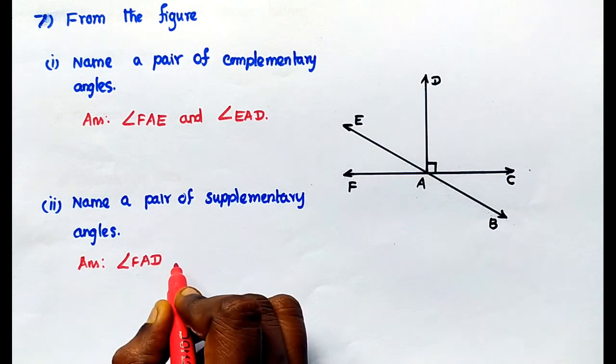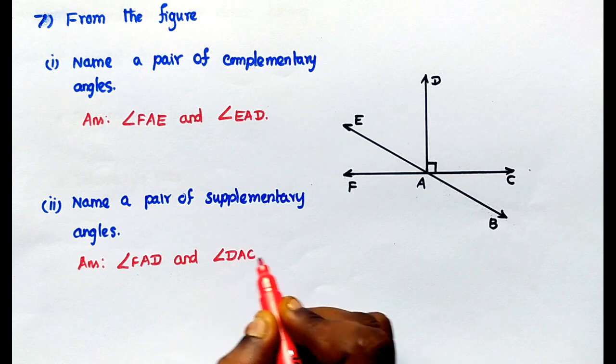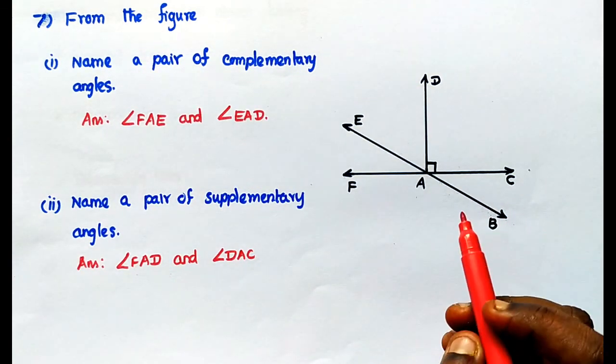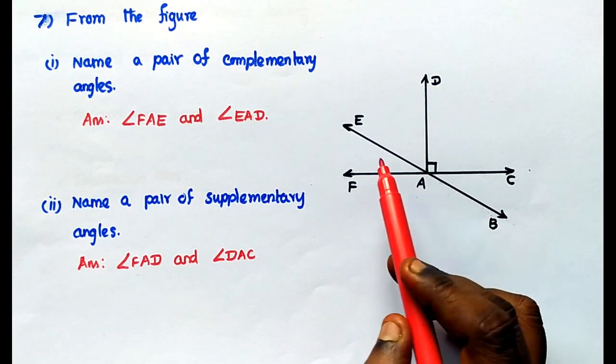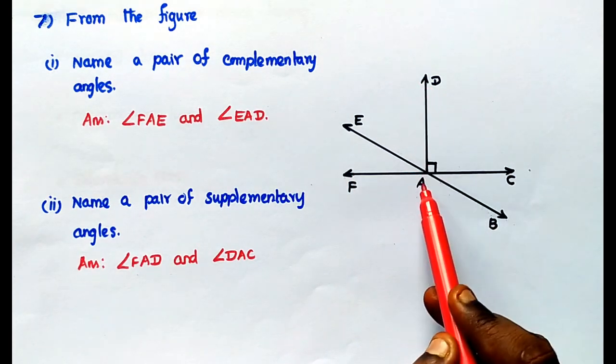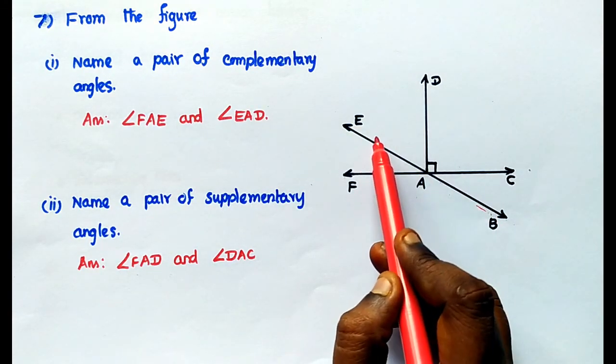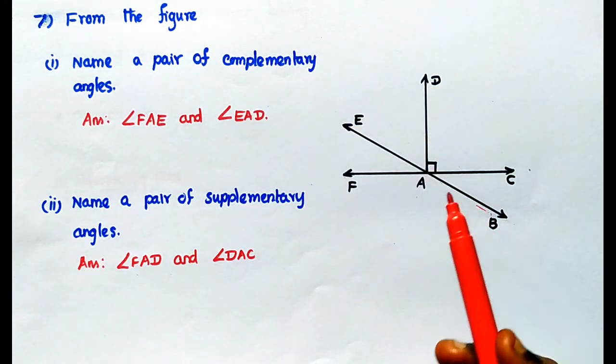First one. Next, EAD and DAB. This one is the straight angle, no? So it is split into this angle and this angle.